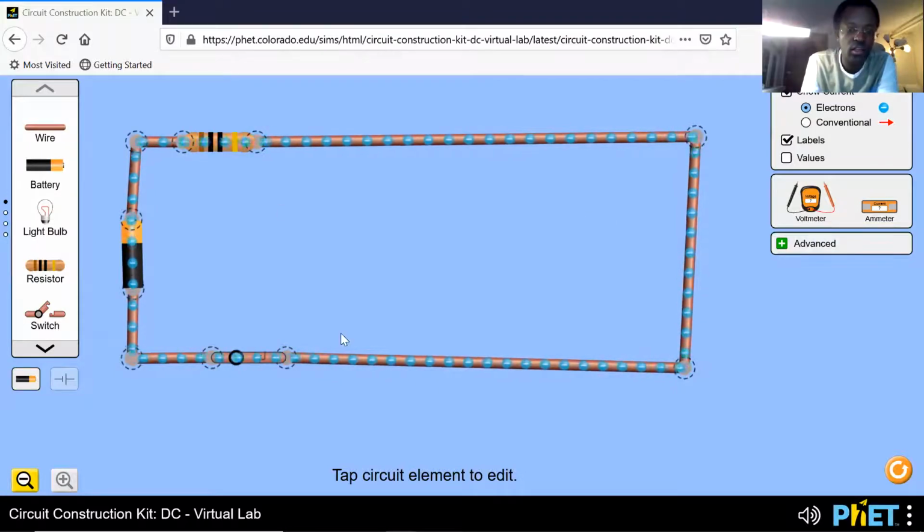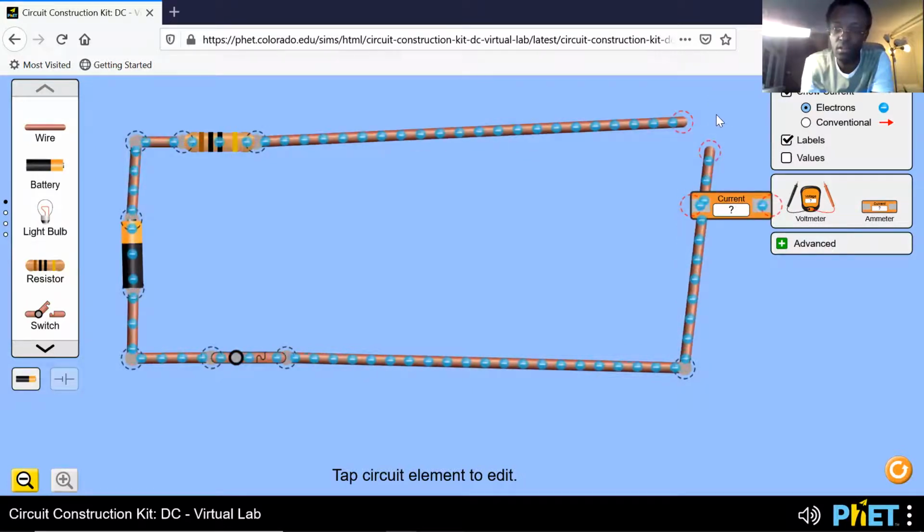All right. So, what else do we need? We need an ammeter. An ammeter must also always be connected in series. Okay, so let me remove this. Connect an ammeter.